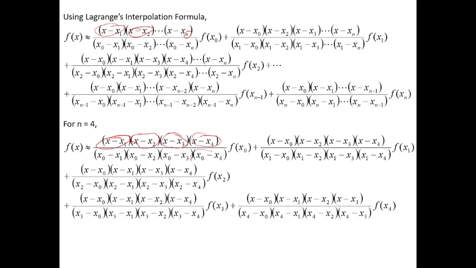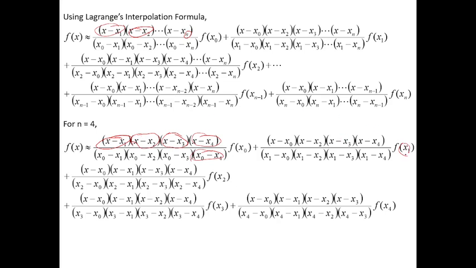And this is the same as in the second term. We have here x sub 1. So we are not allowed to have here x minus x sub 0. As you notice, there's no x minus x sub 0 here.